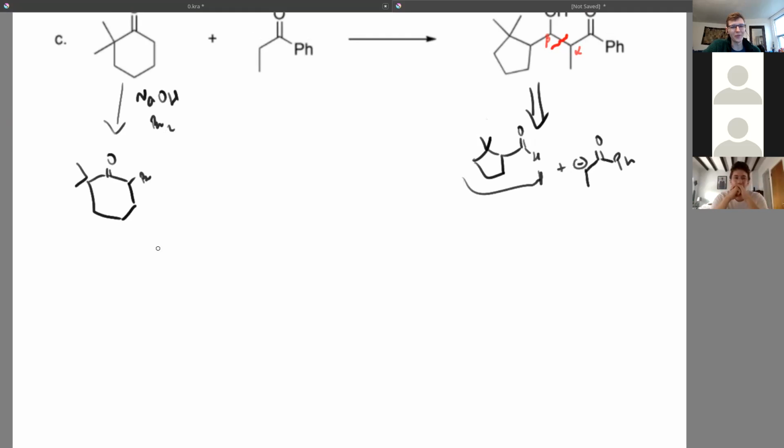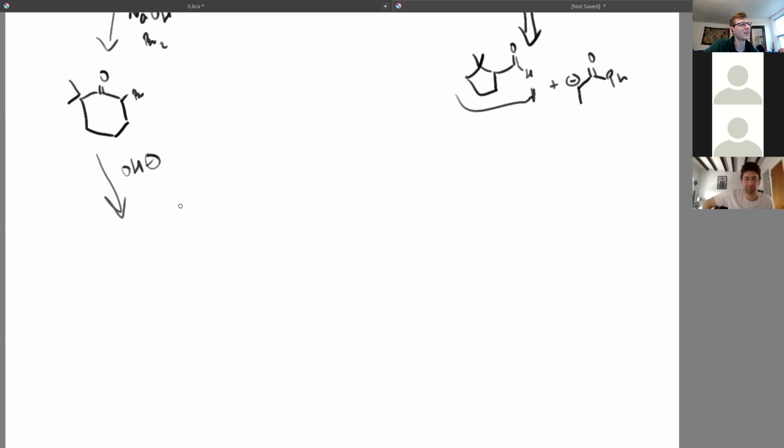Okay, so what we might do, if we were organic chemistry gods, is give this more base. And so this base will come up here. It'll attack onto the carbonyl, obviously. So we'll wind up with this. Okay.